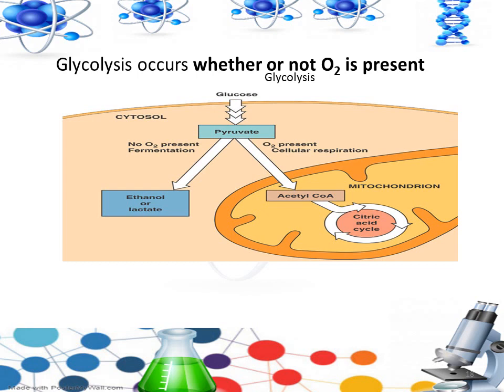The glycolysis still will break down into 2 pyruvate, but the process is not cellular respiration anymore. It will become fermentation. So the products are not used for the next electron transport chain. Okay, so the product for anaerobic respiration is ethanol or lactate.